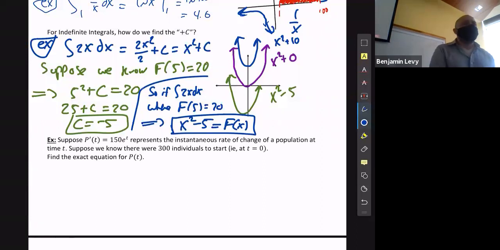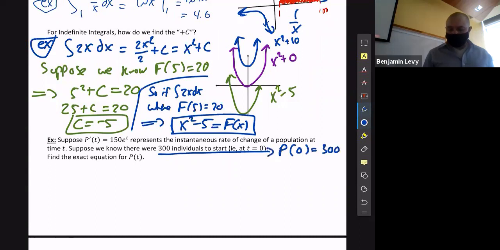So in this example, P prime is telling us how a population's changing, right? And it's telling us, well, we know that at t equals 0, there were 300 individuals. That means P of 0 equals 300. So everyone see how that translates into that? So we're given P prime, but we know something about P, right?